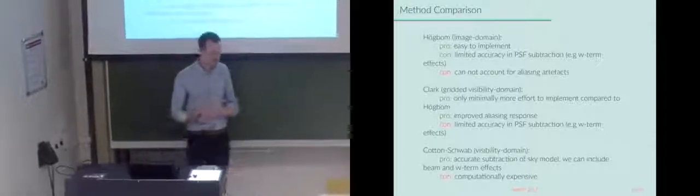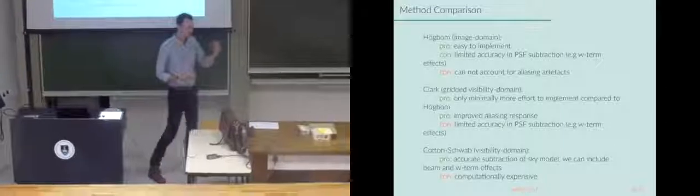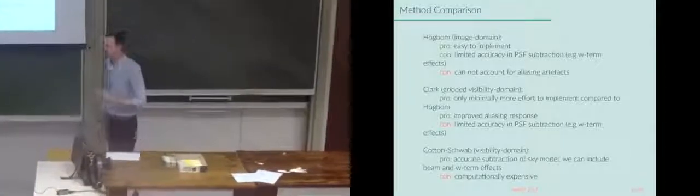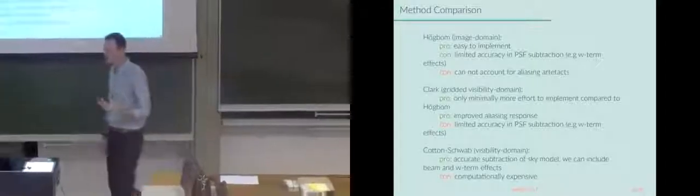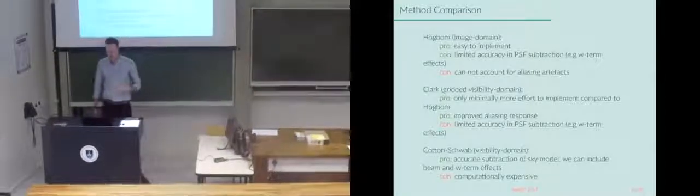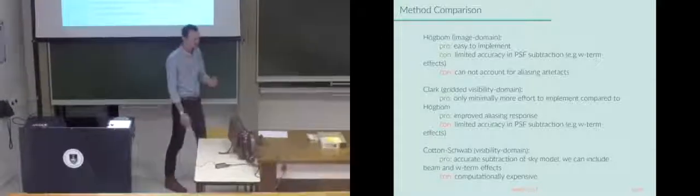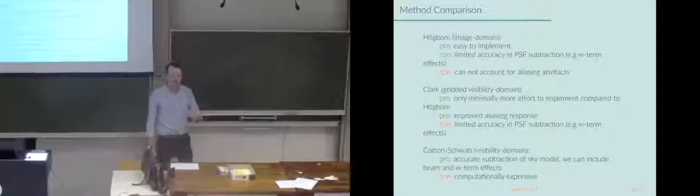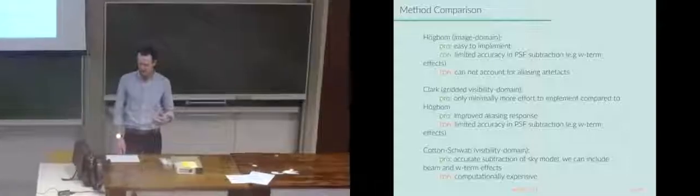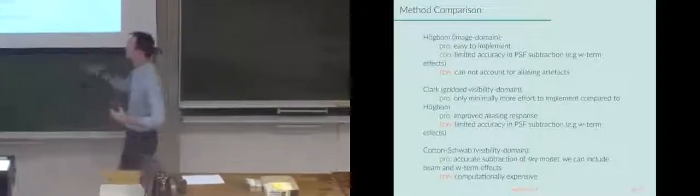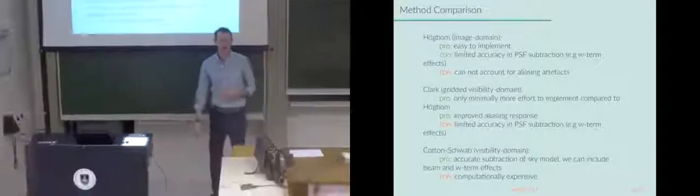Again, the limitation is because the W term effect is done during the convolution, during the process of going from ungridded to gridded visibilities, it doesn't quite do the best job of correcting for these W term effects. Now, that's what Cotton-Schwab is quite nice for. You can do that by going back to the ungridded visibilities. You can correct for the W term effect. It's just difficult to write.